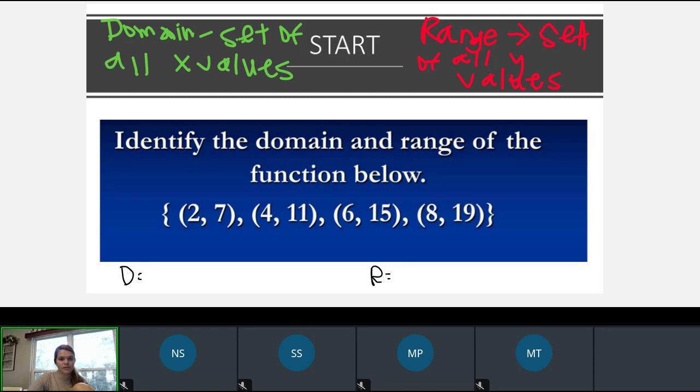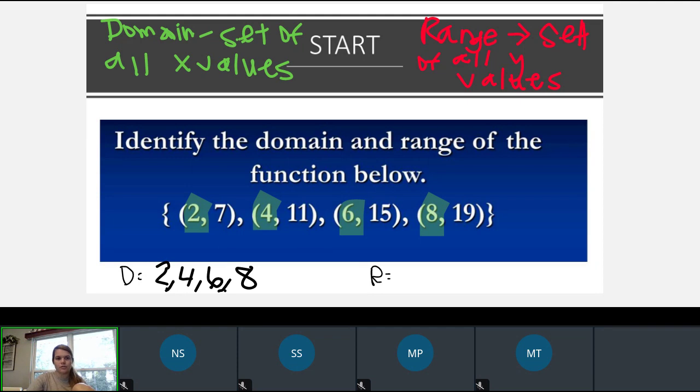So the first thing we're going to do is list out all of our X values. So we're going to list out the domain. X values are the first number in an ordered pair. So then our domain here, no worries, Nate, would be 2, 4, 6, and 8.